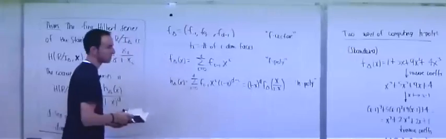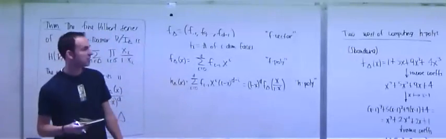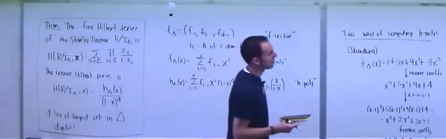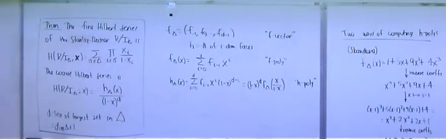All you do is you count the faces of the simplicial complex, and then H delta, I don't know anymore what H delta is supposed to be. I think it should be this guy. But the point is you do this combinatorial thing, you get the correct H polynomial, and there's your formula.